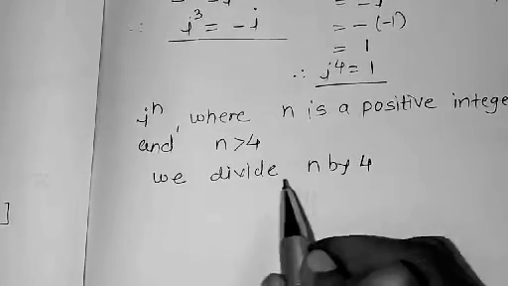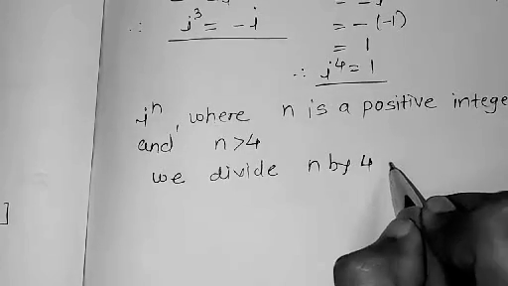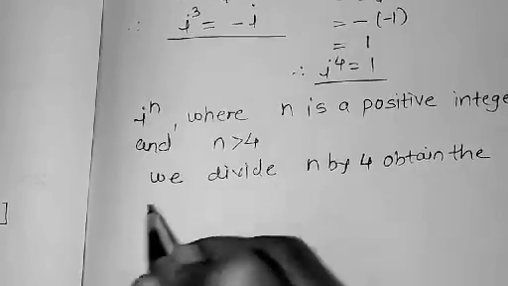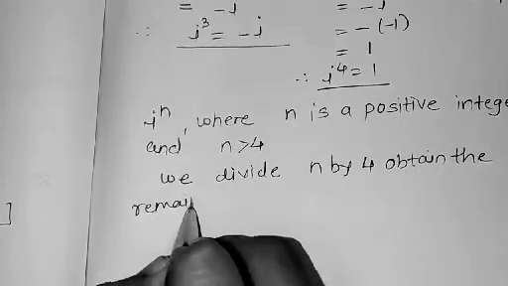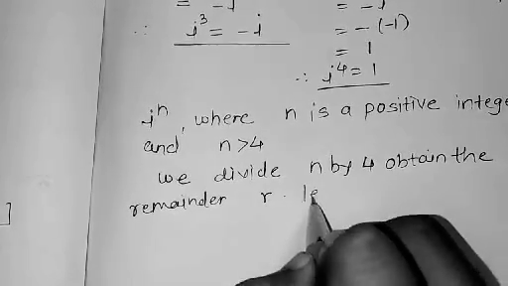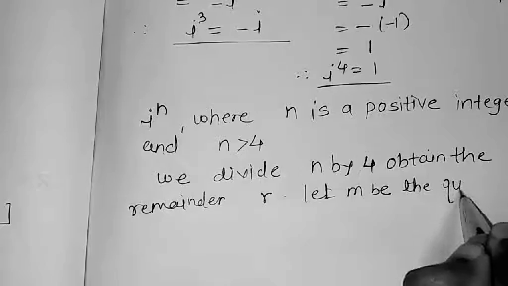If we divide n by 4, we obtain the remainder r, and let m be the quotient.